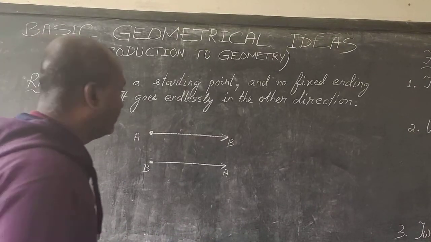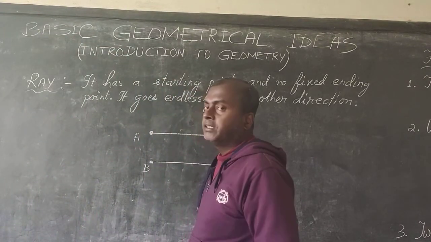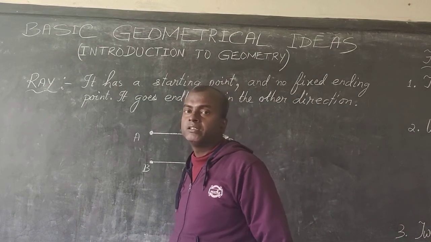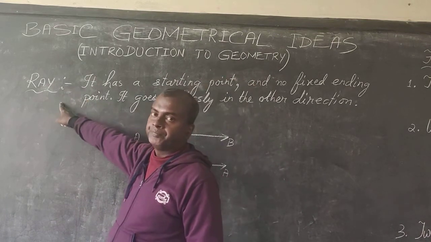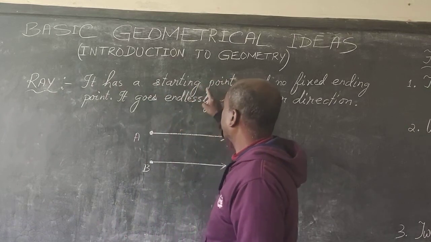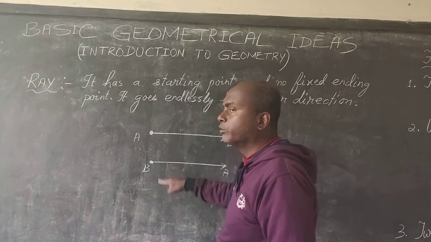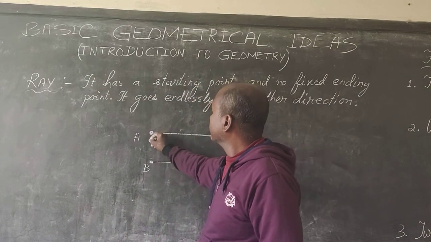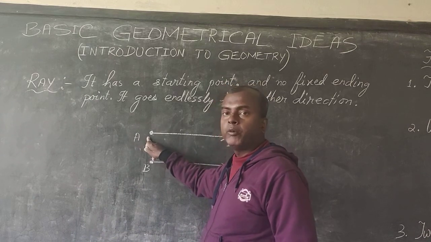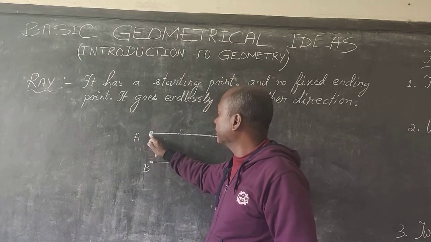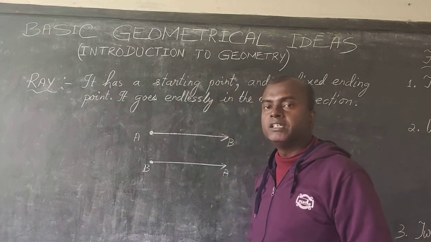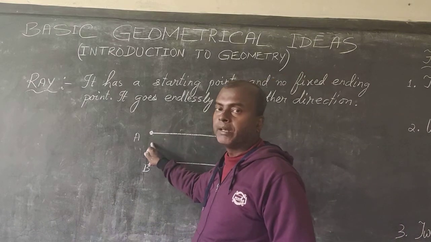Okay, this topic we had discussed a little bit. Let me further elaborate this topic. Ray. It has a starting point. I have drawn here two rays. Let's see about this one. This is the starting point. Starting point is a point from where it starts. You know, point is a definite space in space or definite space in this blackboard.